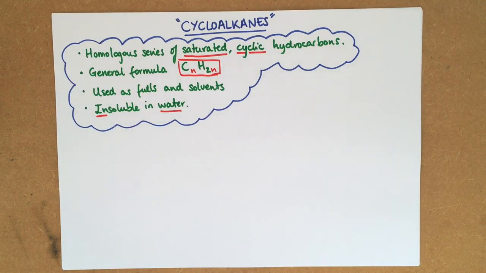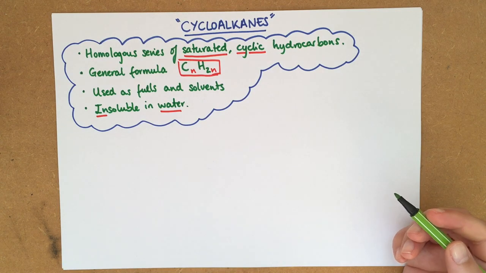Let's have a go now at naming the cycloalkanes. So it is very easy. It is just using the same roots that we have seen for both alkanes and alkenes.